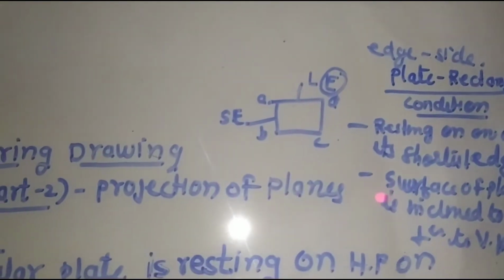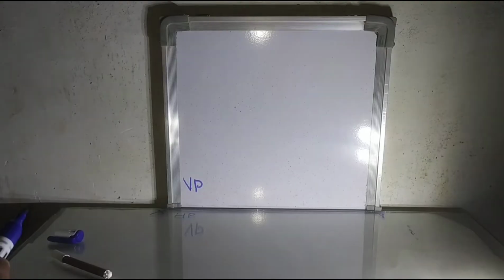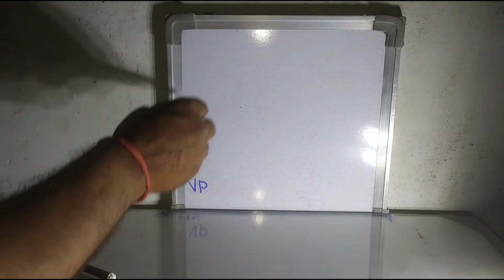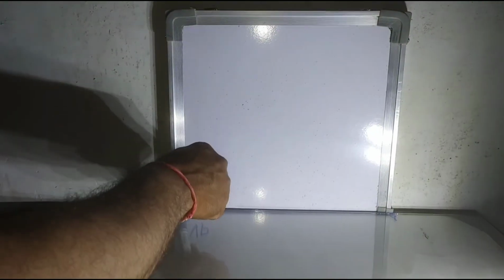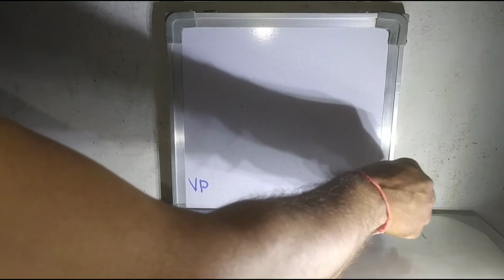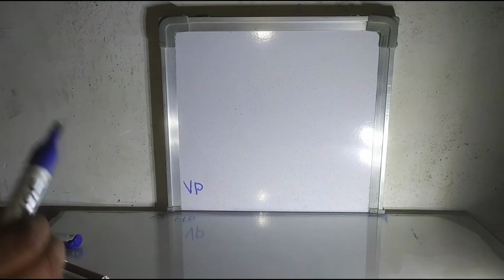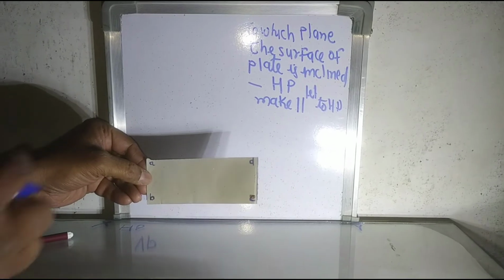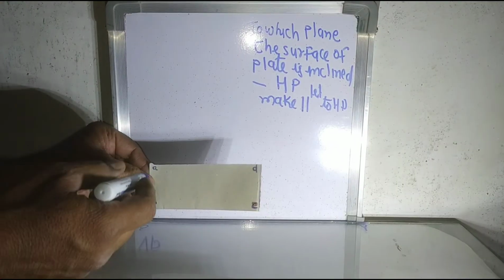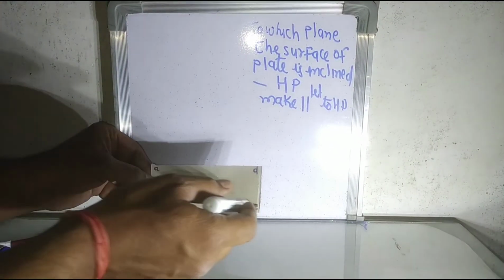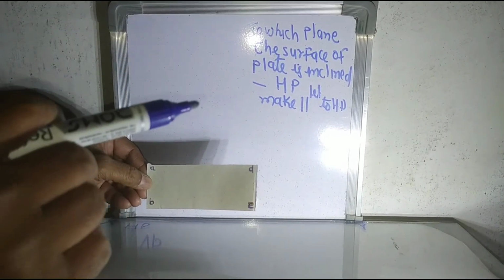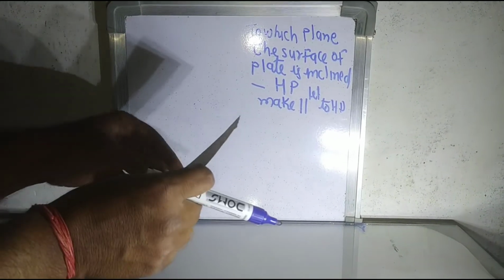Now what is given in the problem? If you observe, this is the vertical plane, this is our XY line, this is the VP and this is the horizontal plane. This is the rectangular plate A, B, C, D. In any problem of the plane, the final position is given.